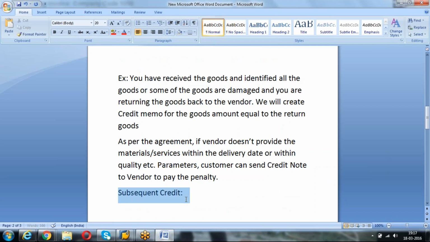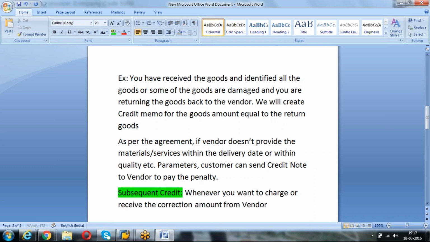Means whenever you want to charge or receive the correction amount from the vendor, you will create a subsequent credit. Okay, what exactly is this?